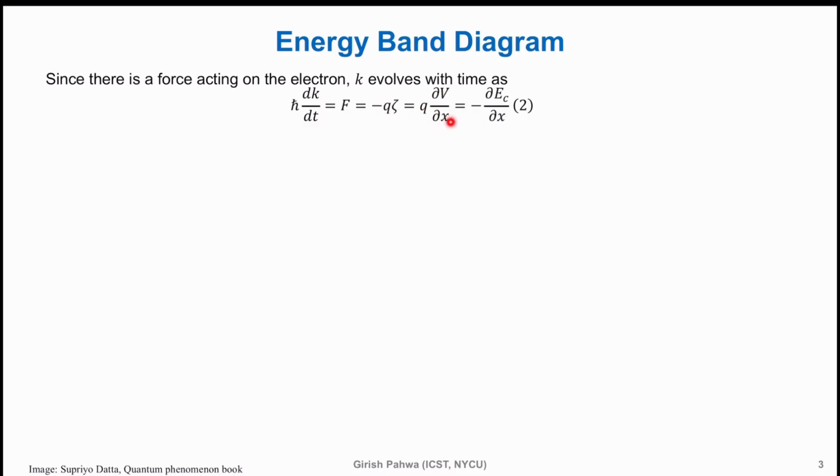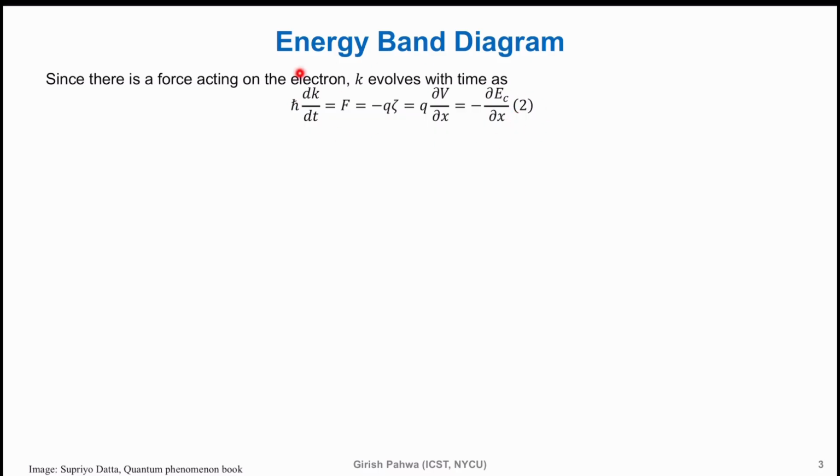Can I relate del V/del x to the conduction band edge? Yes. E_C equals E_C0 minus q times V. So if my potential is varying, so is my E_C. It will become minus del E_C/del x. You can check: q times del V/del x will give you minus del E_C/del x.